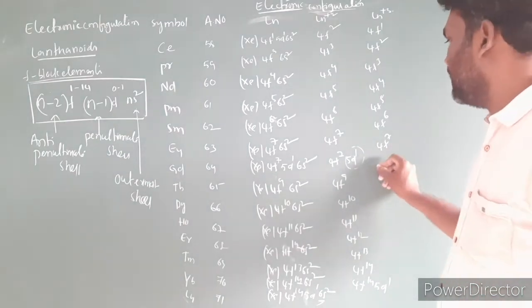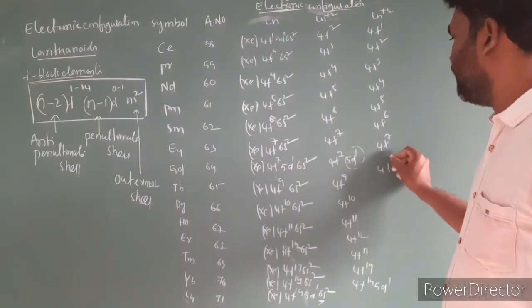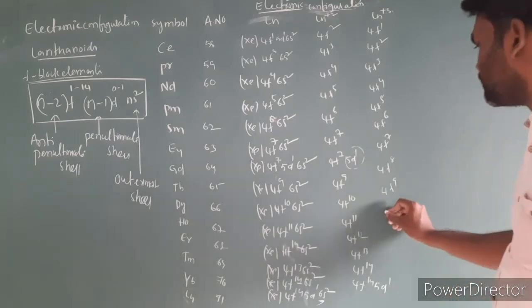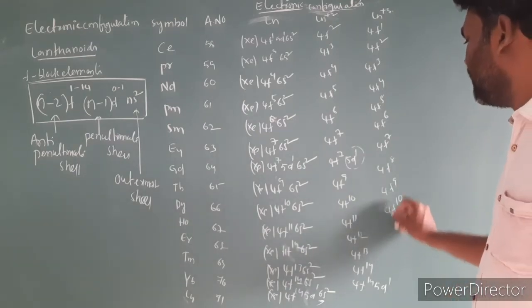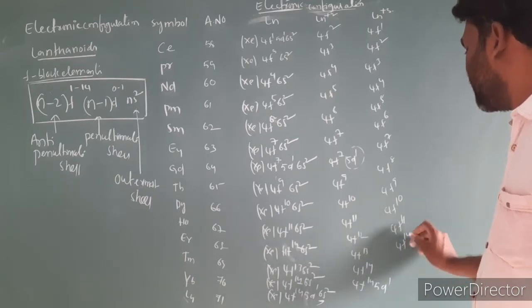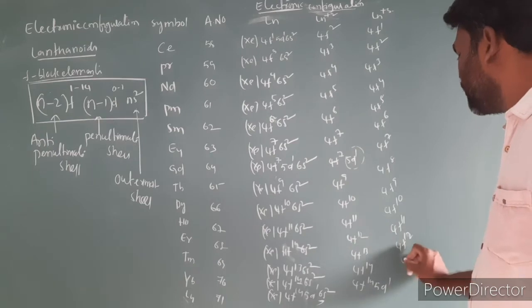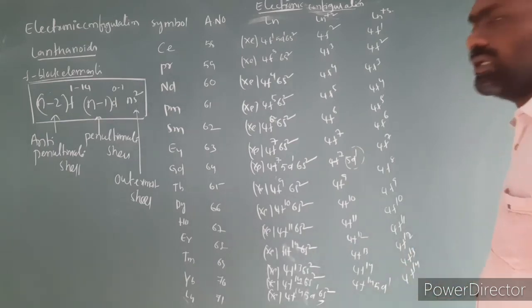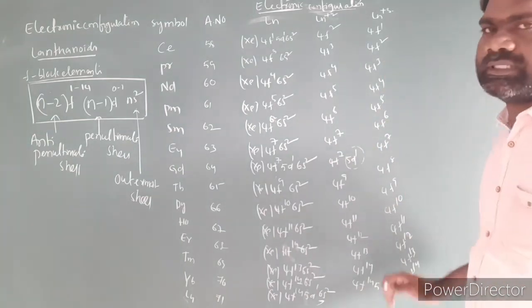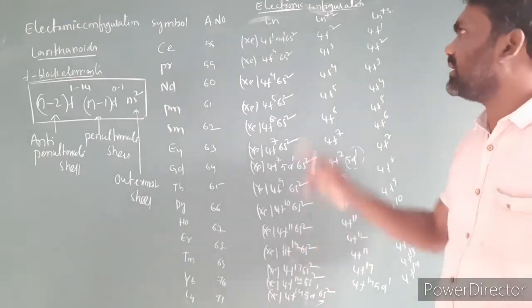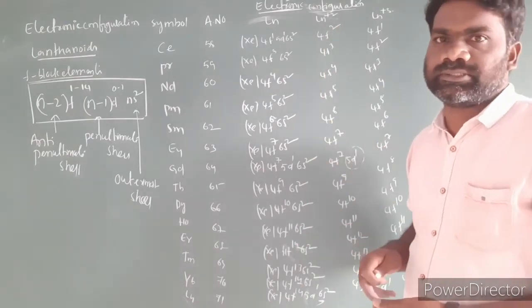So 4f7, then 4f8, 4f9, 4f10, 4f11, 4f12, 4f13, 4f14. So this is the electronic configuration of these elements in the +3 oxidation state. The earlier one is the electronic configuration in the +2 oxidation state.